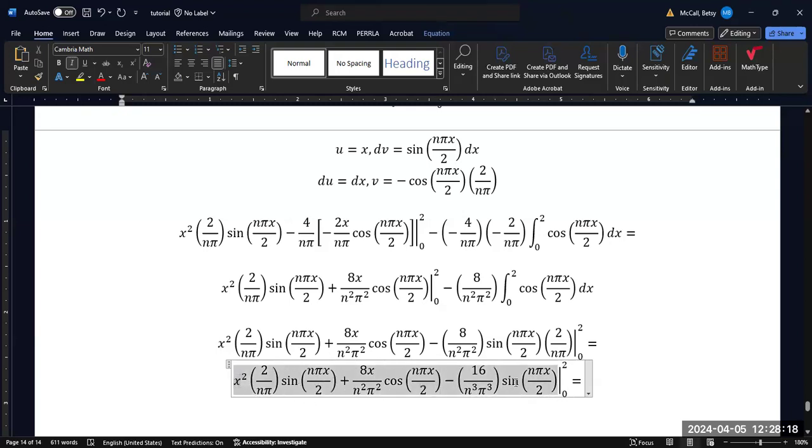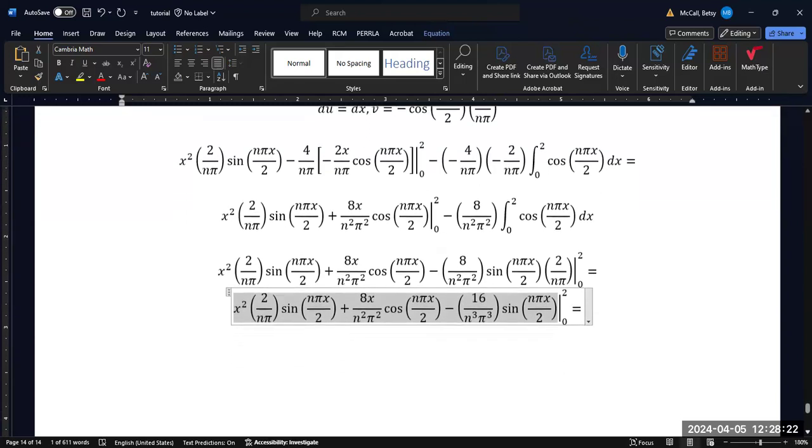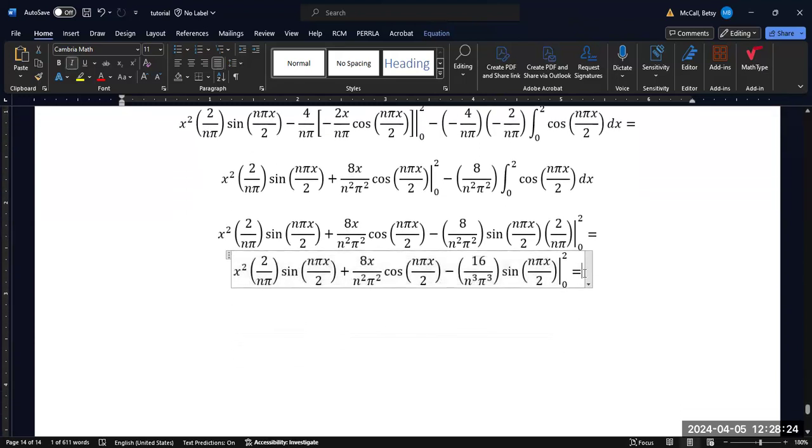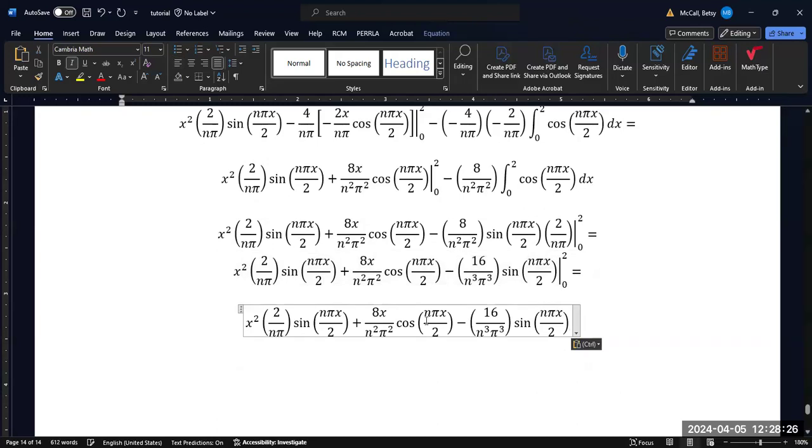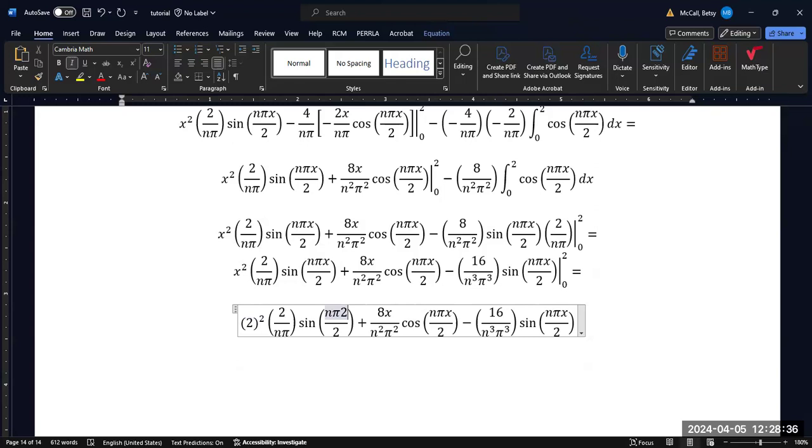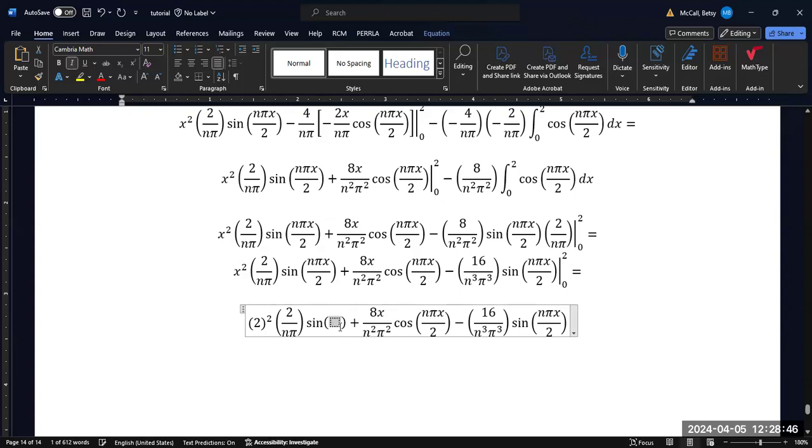Now, I have to plug in x equals 2 and x equals 0. So let's see what happens when I do that. So 2 squared sine of 2n pi, let's put it over here in front. 2n pi divided by 2 is just going to be n pi.